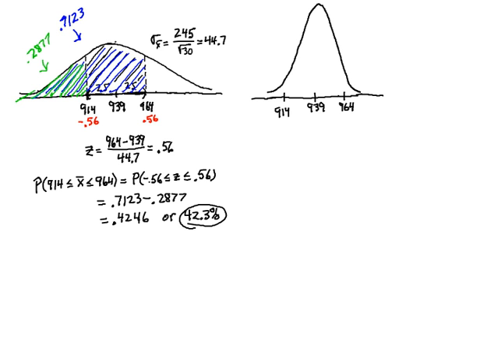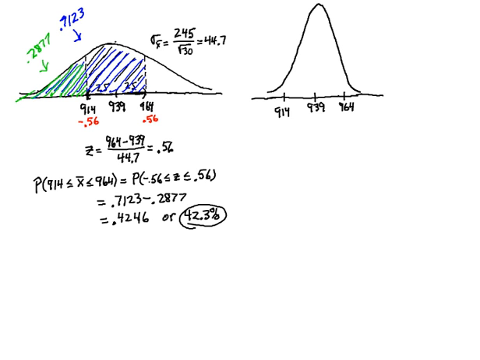Now, what have we calculated here? We've calculated a probability. The probability that if I would take a random sample of size 30 out of the population and calculate an average on that random sample, the probability that that sample average, the X bar that I've calculated, would be somewhere between $914 and $964 is 42.3%.